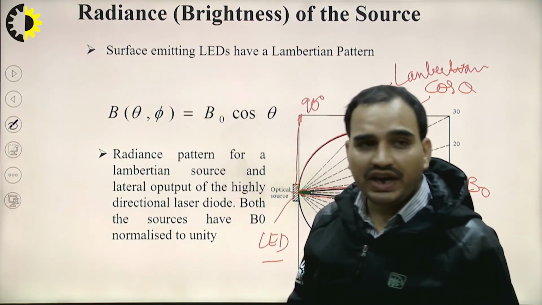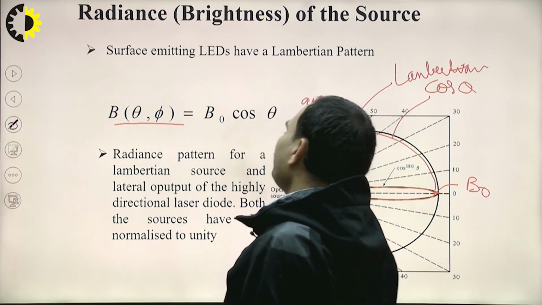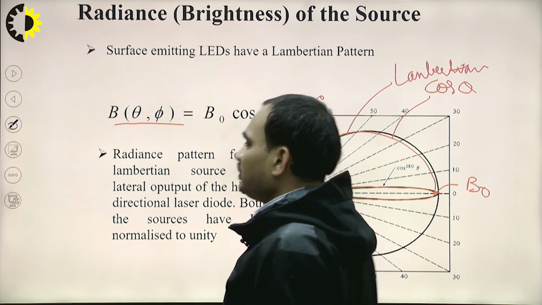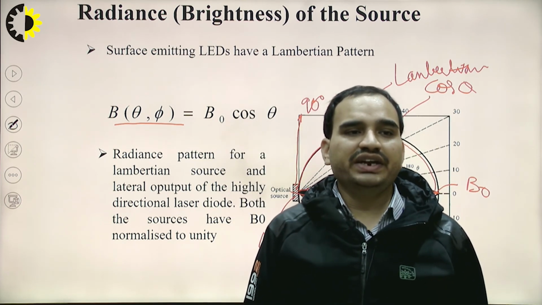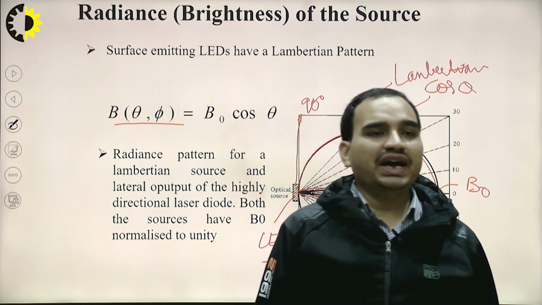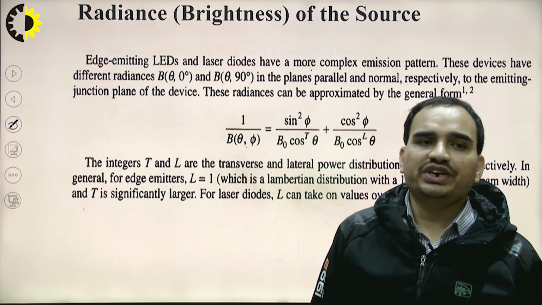We can define the Lambertian pattern as B of theta and phi equals B naught cos theta. The figure shows the radiance pattern for the Lambertian source and the lateral output of the highly directional laser diode. Both sources have B naught normalized to unity.